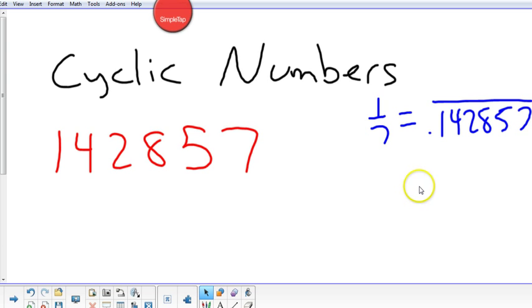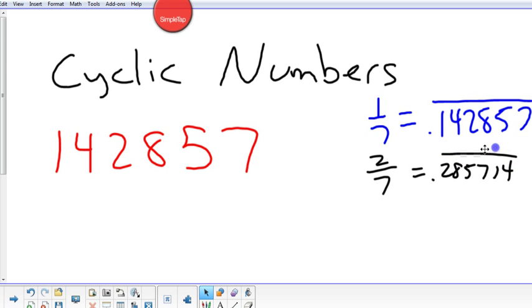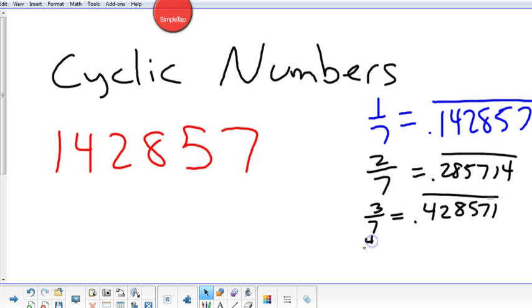2/7 is actually 0.285714 repeating. Okay, and so who can tell me what 3/7 is? 3/7 is 0.428571 repeating. 4/7 is 0.571428 repeating.